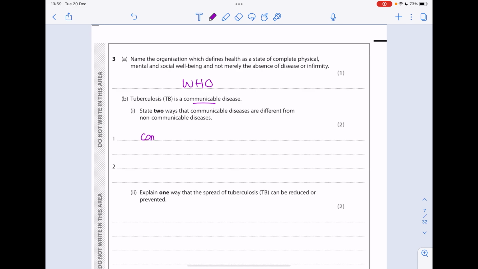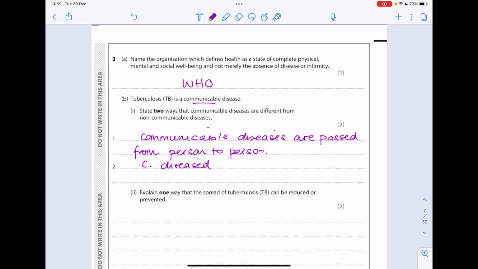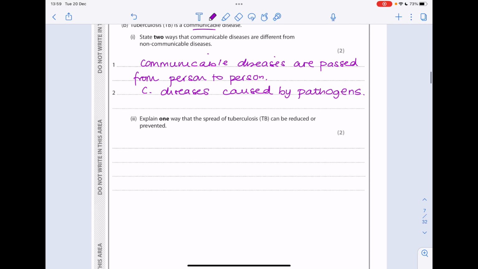A communicable disease is passed from person to person. And communicable diseases are caused by pathogens. You can keep writing about the fact that non-communicable diseases are the opposite, but actually that's fine.